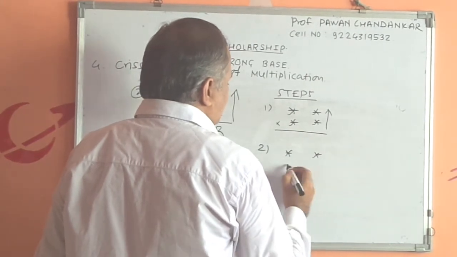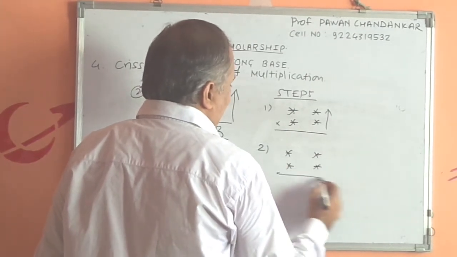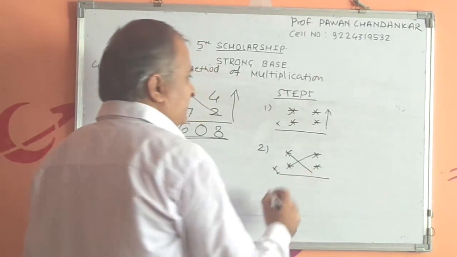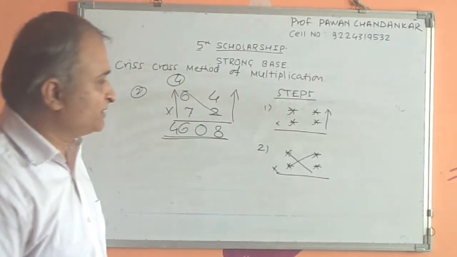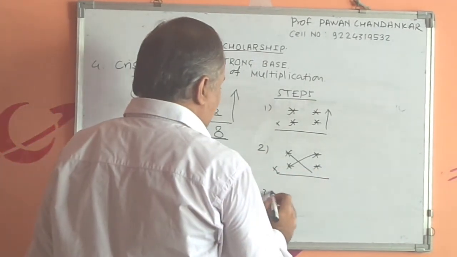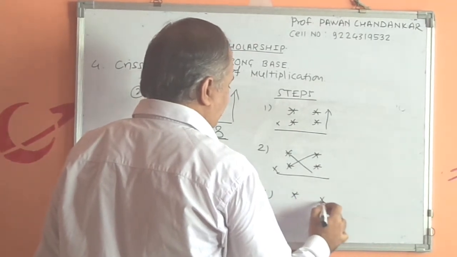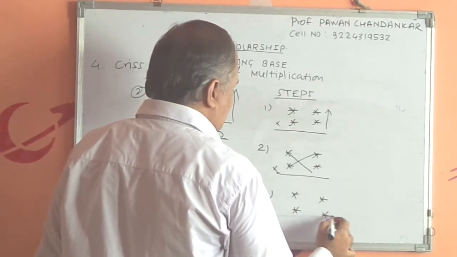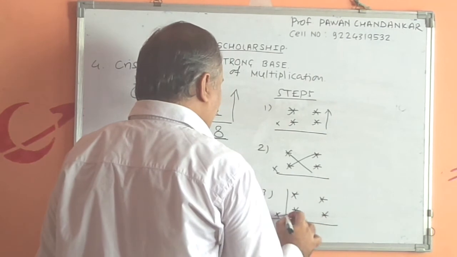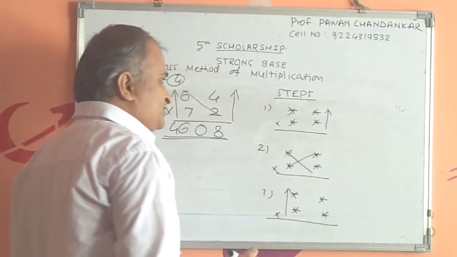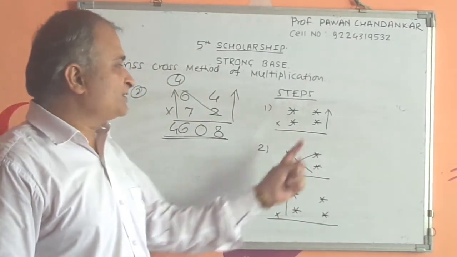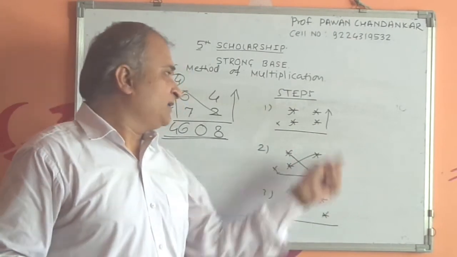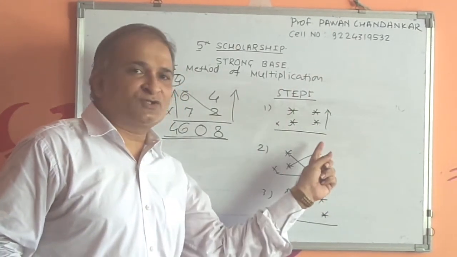At the second step, students, kids, we need to do the crosswise multiplication like this. And in the third step, kids, we are supposed to multiply the tens digits. So the first step is to multiply the unit digits.